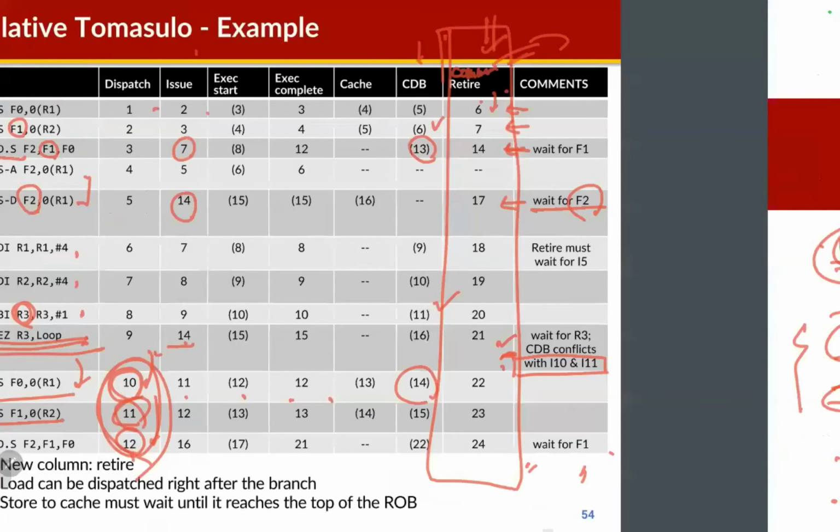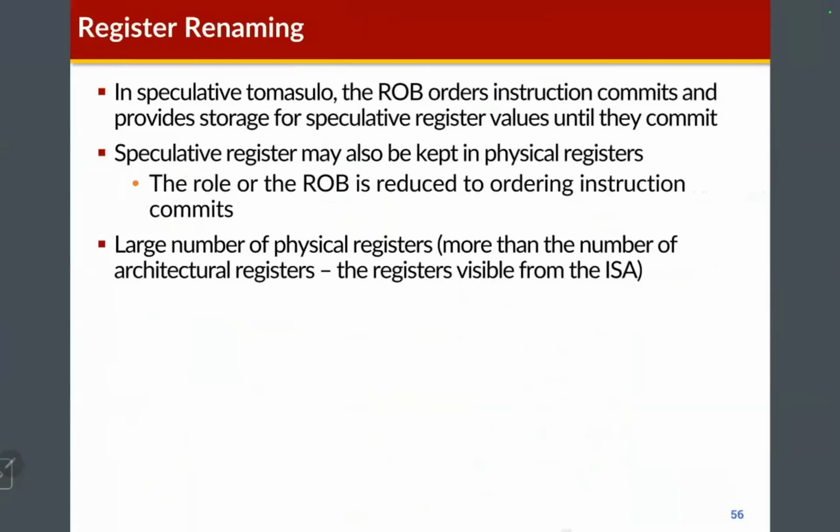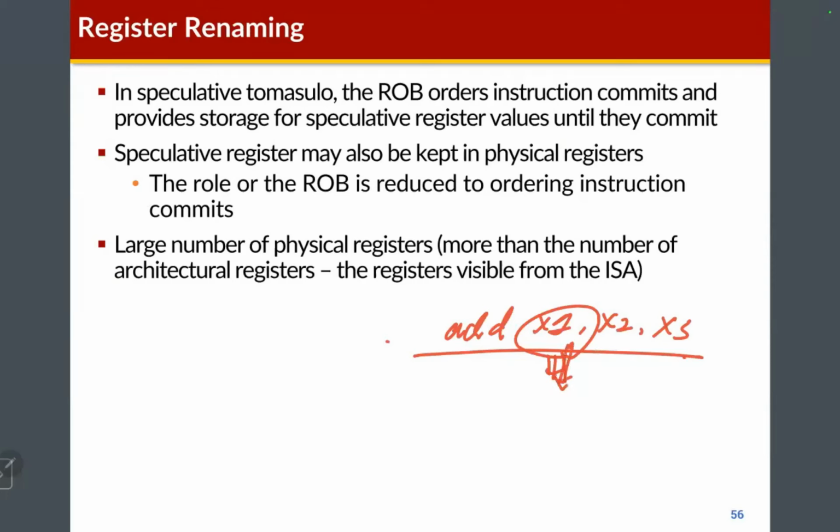I frequently use an instruction like add x1, x2, x3. If you see this instruction, you can find the register numbers in the destination register and the source registers, and these register numbers are architectural register numbers.